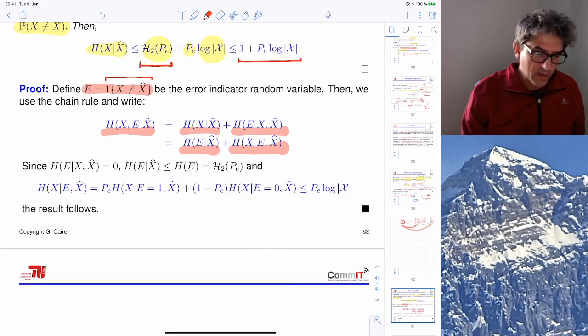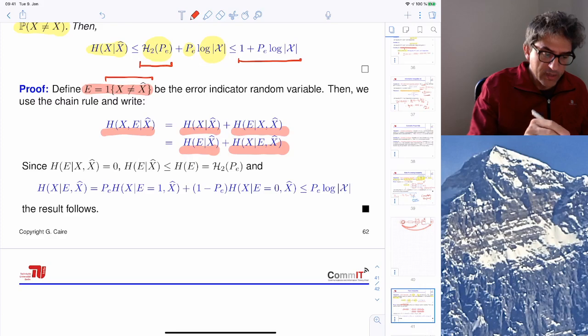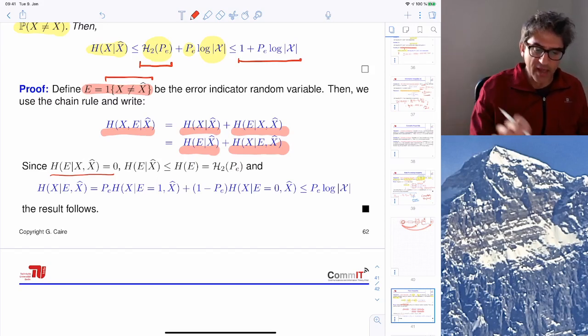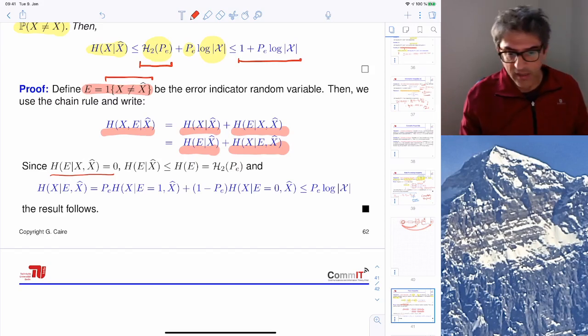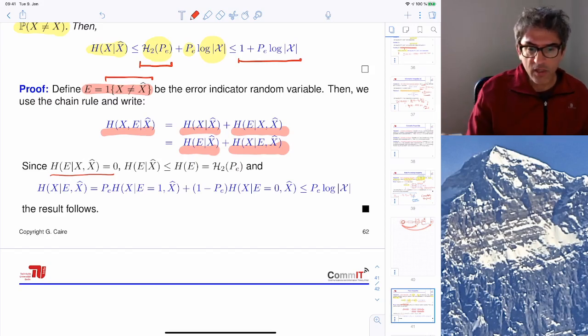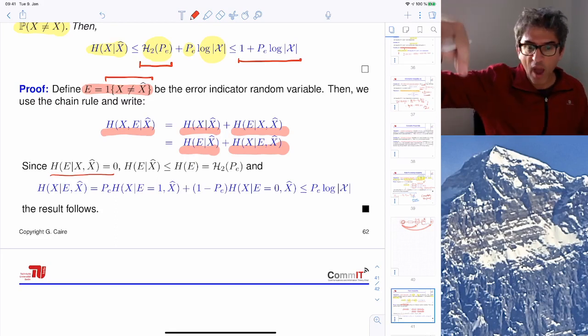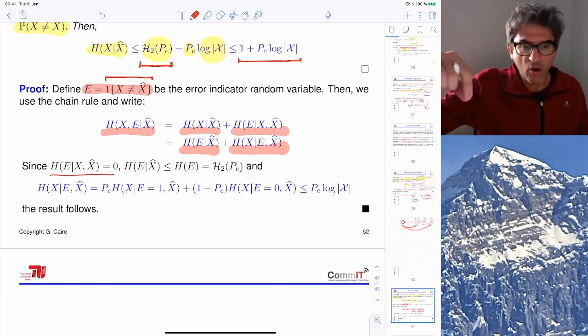And now we have to reason and notice that first, the entropy of E given x and x hat is 0. Why? Because E is a function of x and x hat. So if you condition on x and x hat, E becomes a deterministic quantity, and any deterministic quantity has 0 entropy, because the probability mass function would be simply a vector of all zeros and a single one at the deterministic value of that quantity.